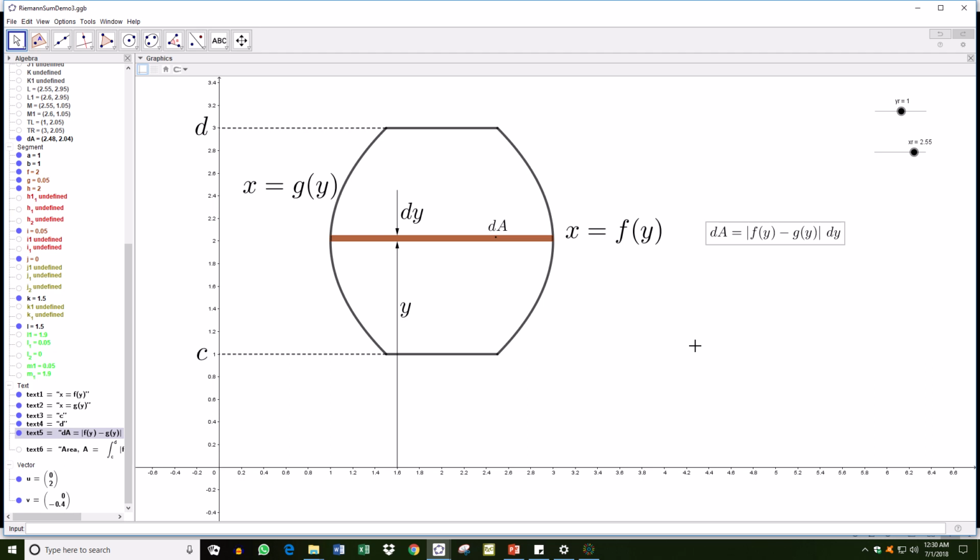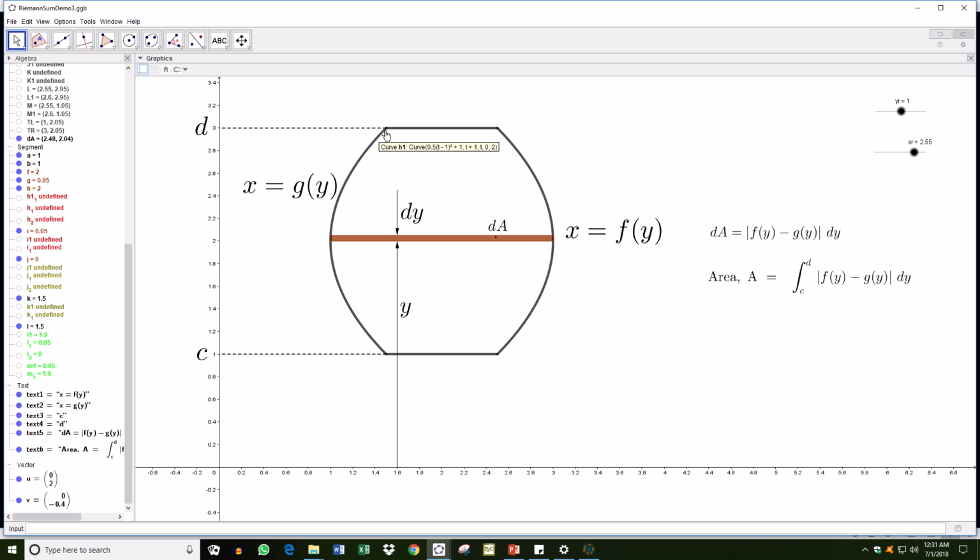And again, in order to make sure that this dA would be a positive quantity, the width would be a positive quantity, we'll stick an absolute value around it. Okay, absolute value of f of y minus g of y times dy. And in order to find the total area, we will integrate from y equals c to y equals d.